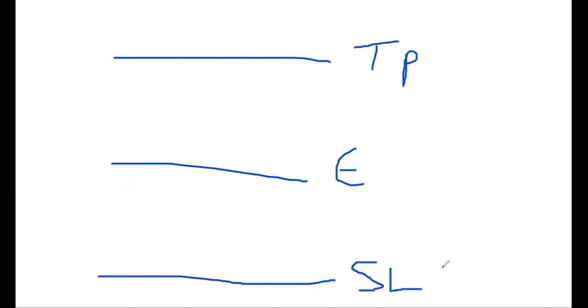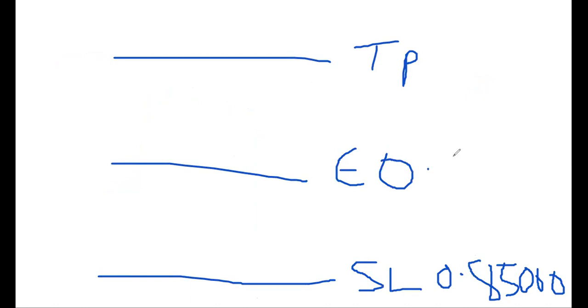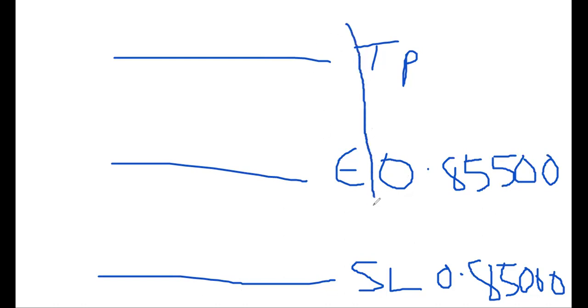Let's say the stop loss has a value of 0.8500. Let's say the entry point is 0.85500. Mathematicians in the house, you agree with me that the entry point is higher than the stop loss.